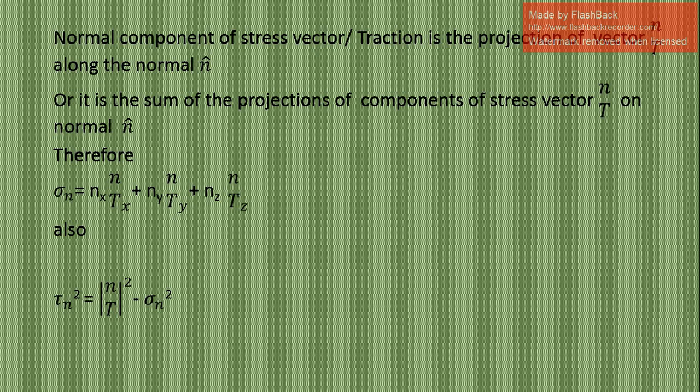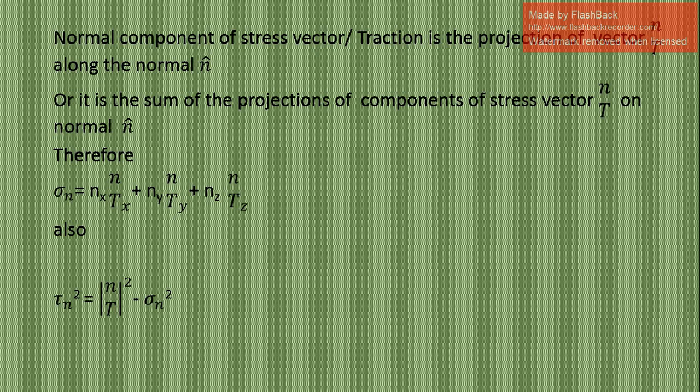So finally, sigma n is equal to nx into Tnx plus ny into Tny plus nz into Tnz. That means the components of the traction vector Tnx, Tny, Tnz are projected along the normal of the plane and summed up, which provides the final value of the normal stress on plane ABC.